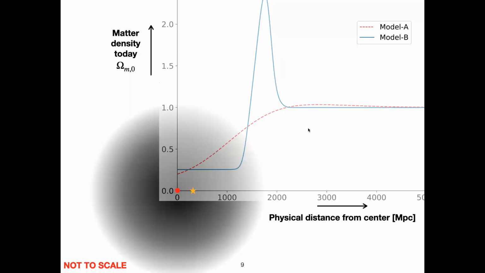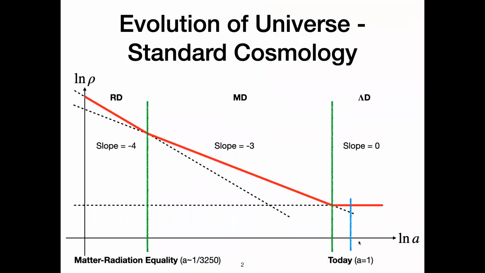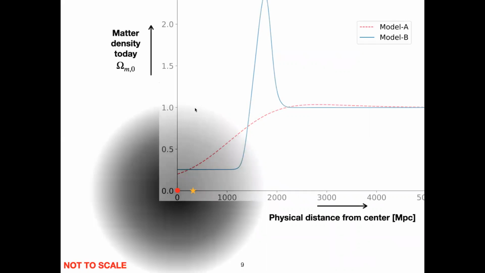If you see this, this is the dark energy dominated era, which has started only some time ago. But some time is a lot of time in cosmology. So the time when dark energy has dominated all the other constituents, that is when we replace the dark energy with some other constituent called the curvature of the universe.